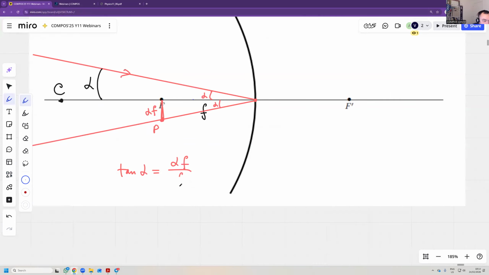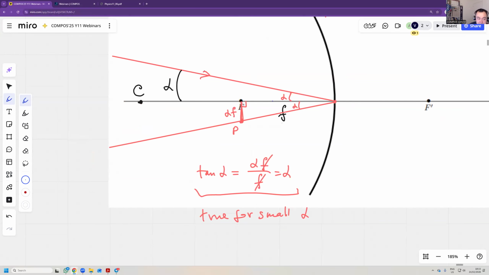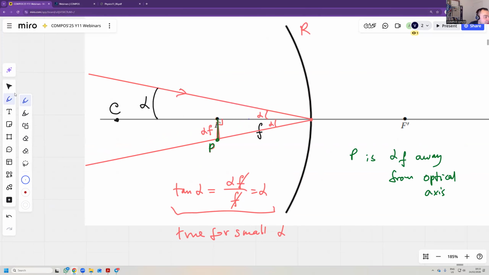We use this triangle, but f cancels and it's equal to alpha, and this is true for small alpha. So the first ray definitely goes through point P, which is alpha f away from the optical axis. Nice. Now let's take another ray, which is slightly offset.